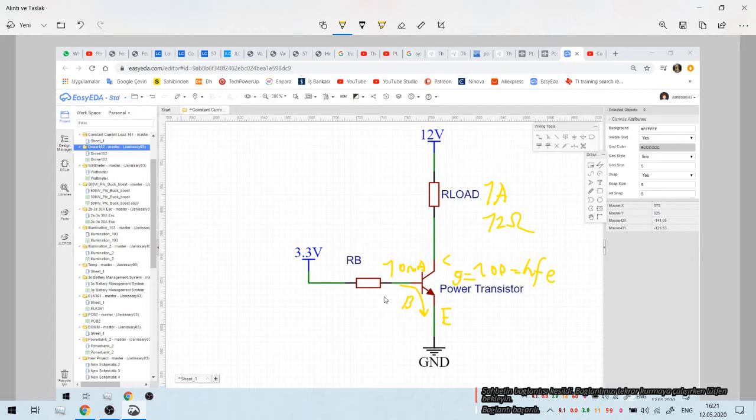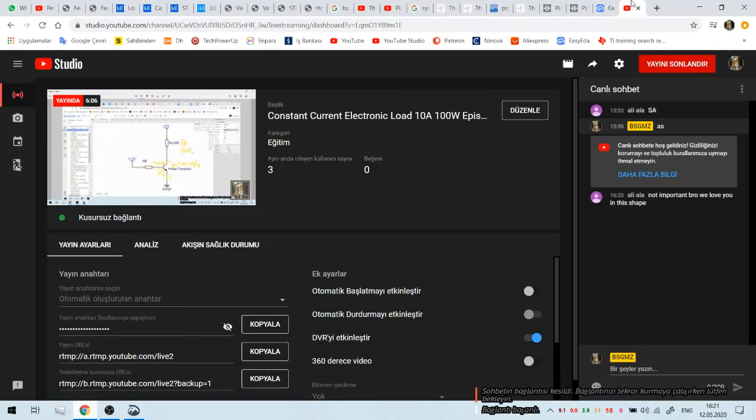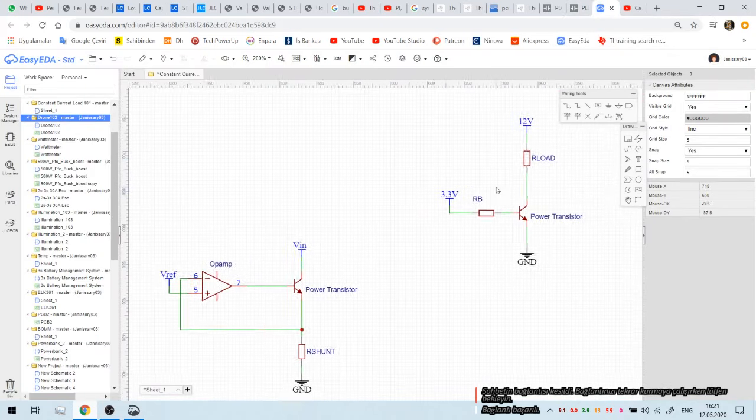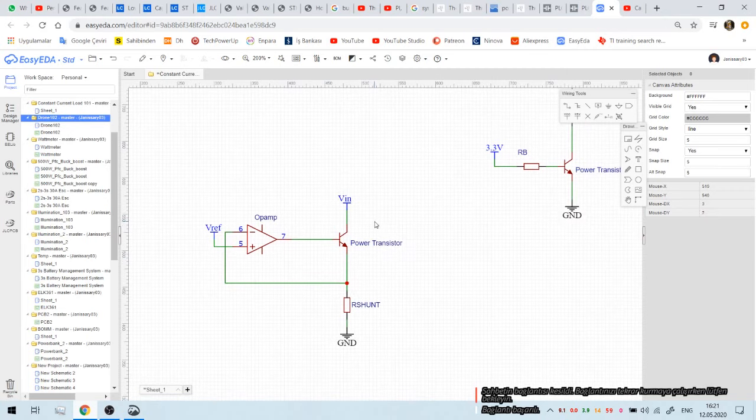In this video tutorial episode, I will explain how we can build a constant current load.